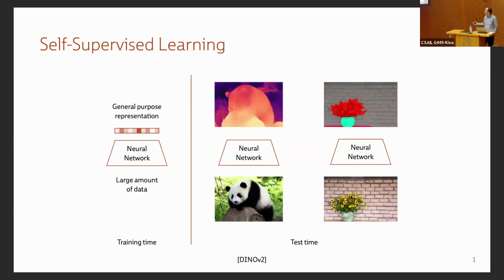So for instance, we can perform depth estimation, or we can do some semantic segmentation. These models tend to capture the underlying semantic concepts, the underlying objects of the images, when enough data is provided.